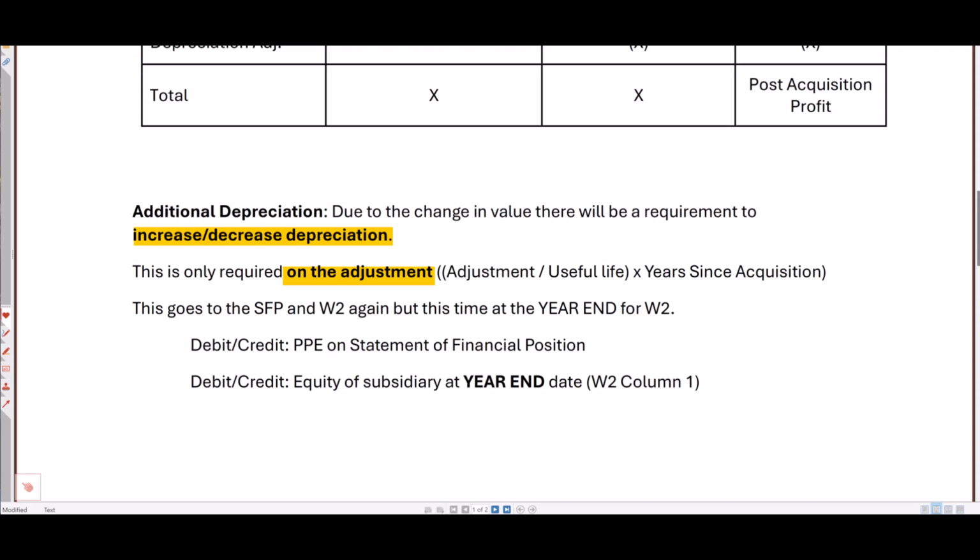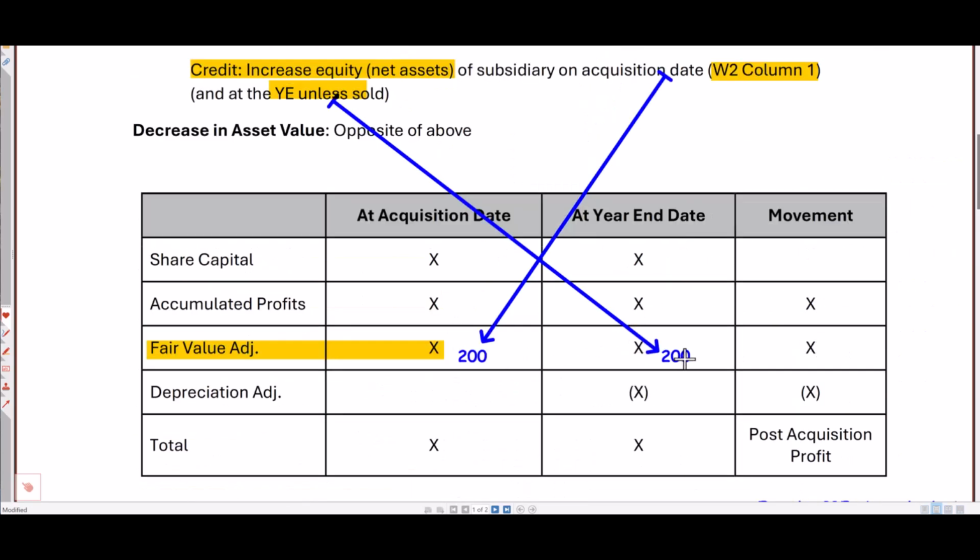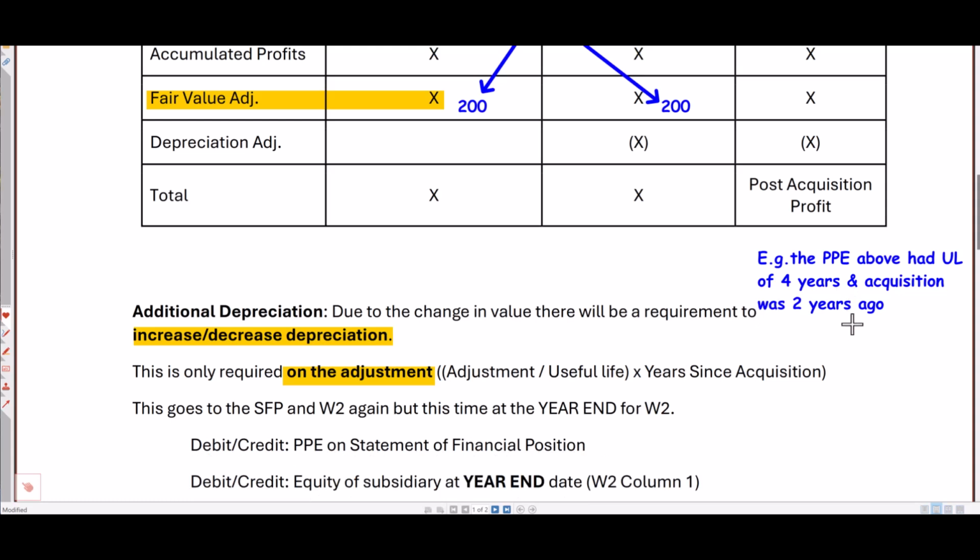So let's add a little bit more information to my example. The PPE above had a useful life of 4 years and the acquisition date was 2 years ago. Okay, so we adjusted the PPE up here for 200. It had a 4-year useful life and the acquisition date was 2 years ago.